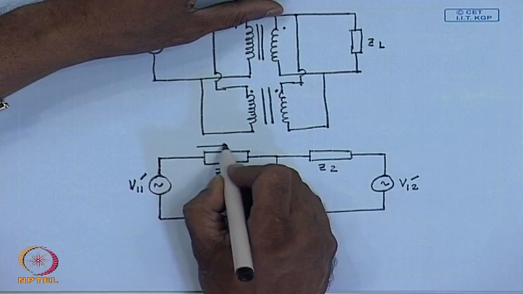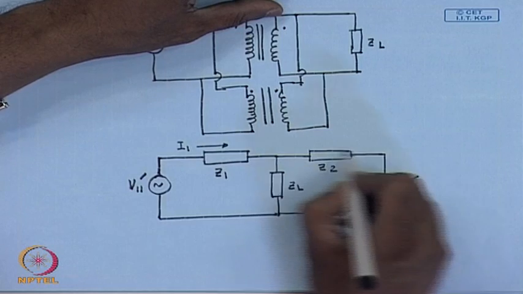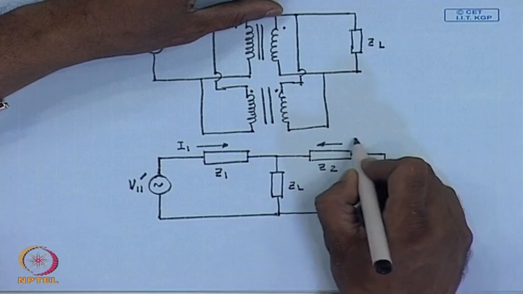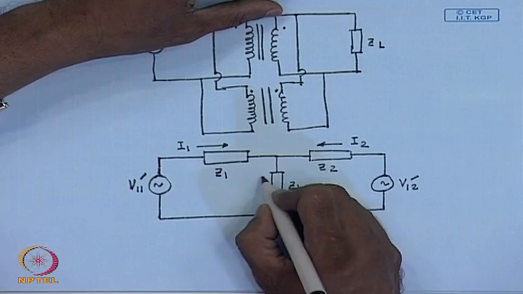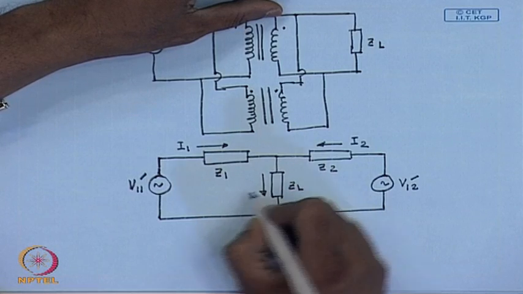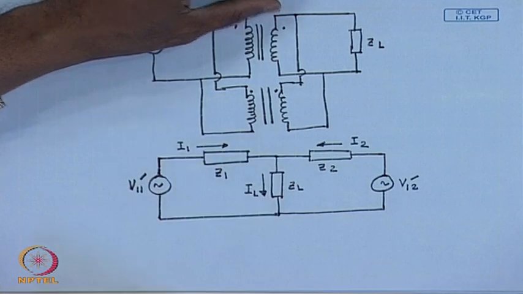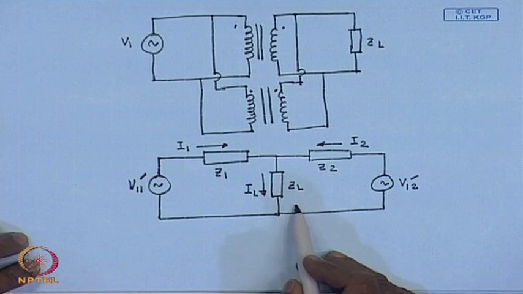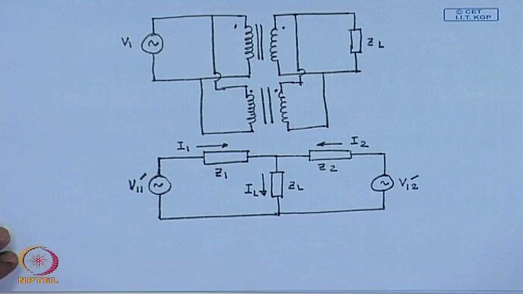Again, let us say this current is I1, this current is I2, and this is the total load current IL. So, this will be the equivalent circuit of the parallel connected transformer when their no load voltages are not identical.